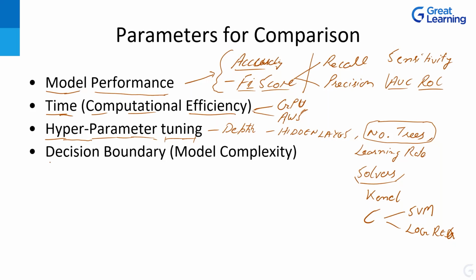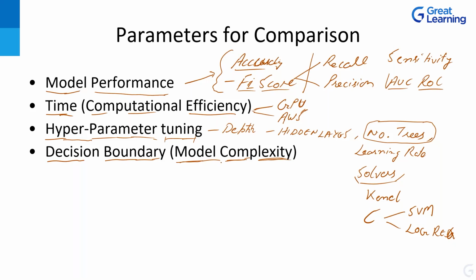And finally, this is maybe something that you have not seen so far. We are going to understand how decisions are being made by a particular model. What kind of decision boundary is the model making? If the decision boundary is quite complex, we can say that the model is quite complex. And complexity of the model is not always desired.